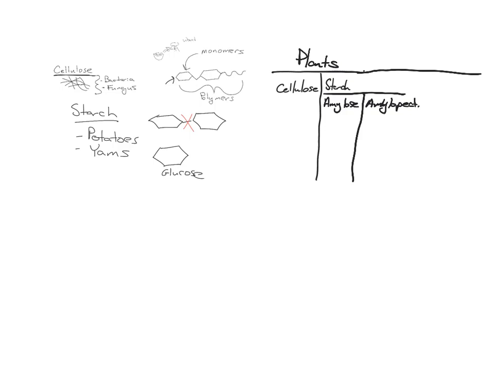Now, do I need you to know amylopectin and amylose? No. But I do want you to know starch. So just make sure you know what starch is. Starch is a form of sugar that plants use to do what? Store sugar for eating. So they store it for eating.